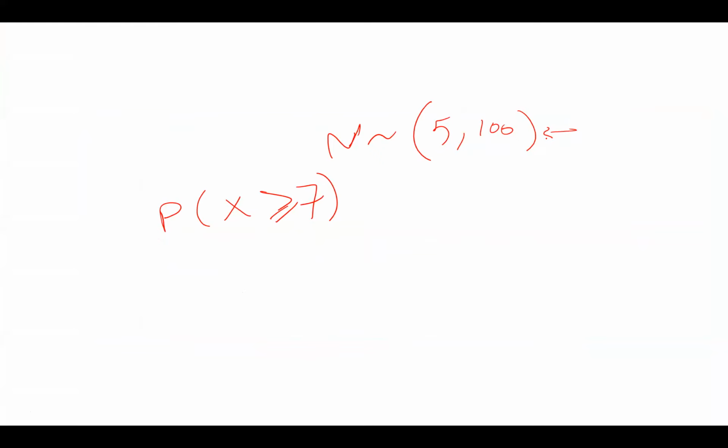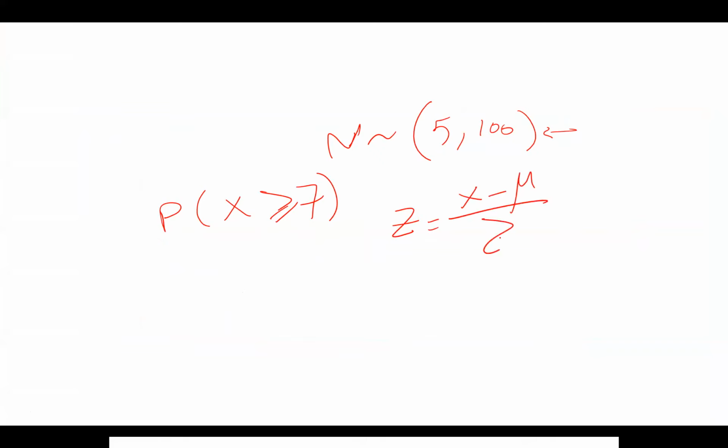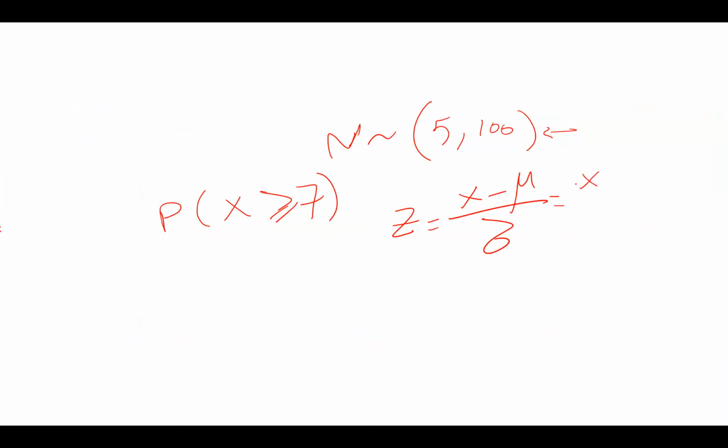How to convert? You define z or t equal to x minus mu divided by sigma. It is simply like that. What is x? The number that we are looking for. What is mu? Mu is here 5. What is sigma? Sigma is the square root of the variance, so it will be divided by 10.